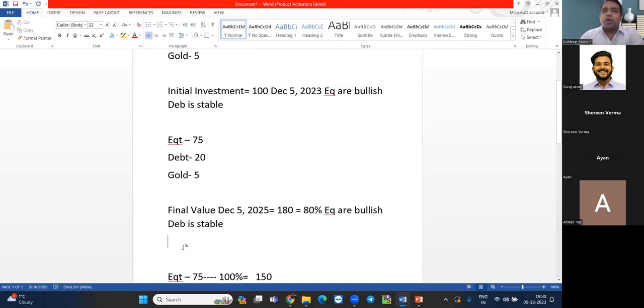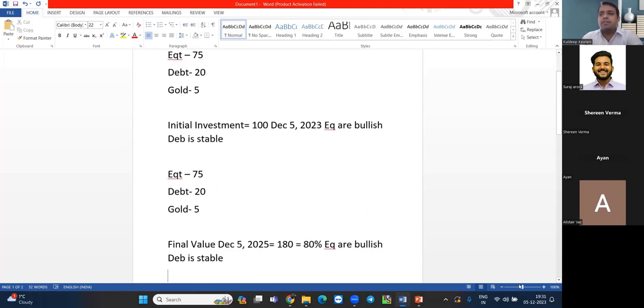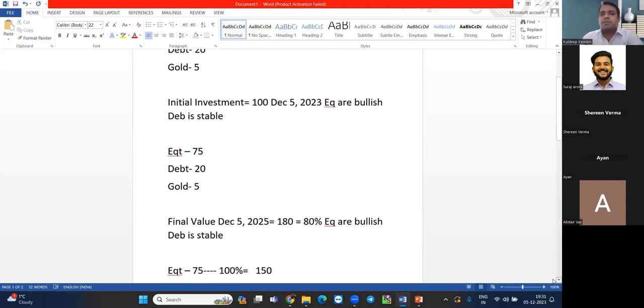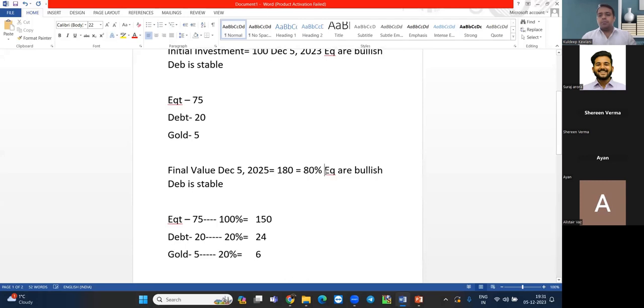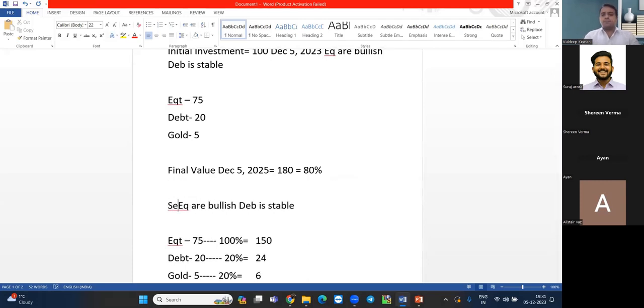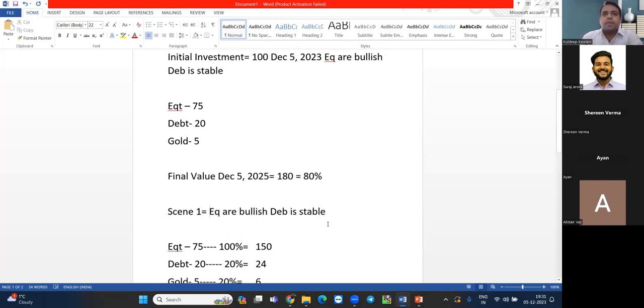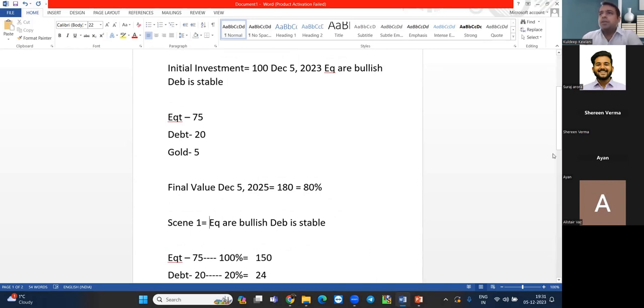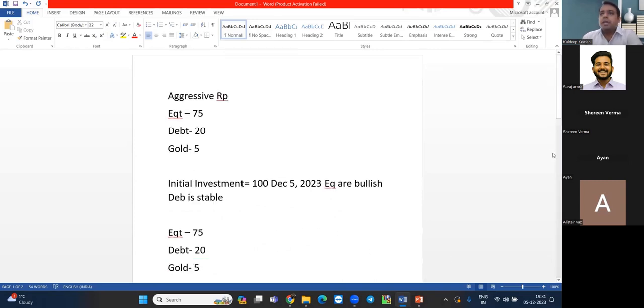In that case, what will be my asset allocation? Same 75, 20 and 5, correct? This is scenario 1. Equity is bullish and debt is stable, so my allocation should be 75, 20 and 5.